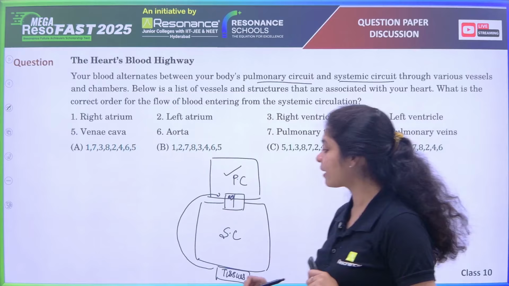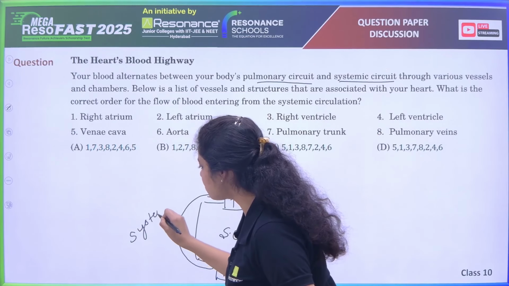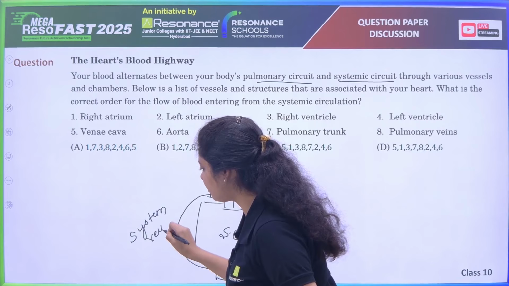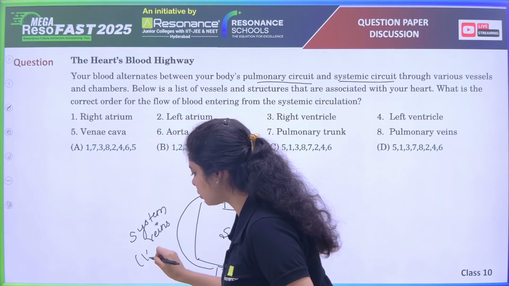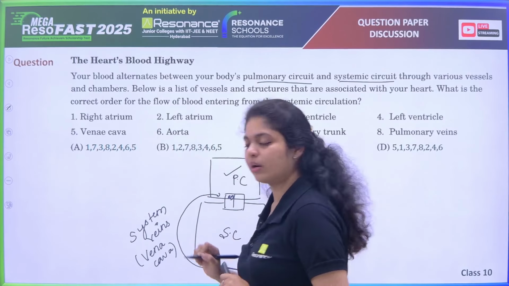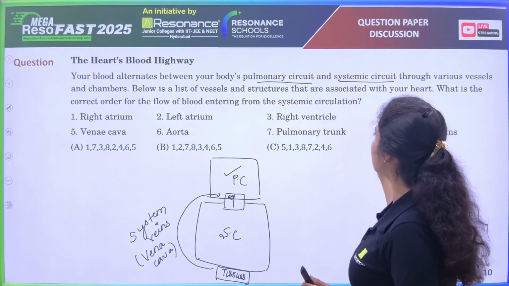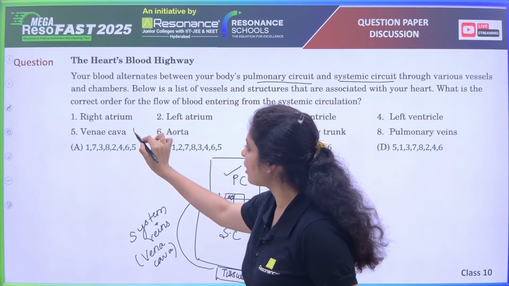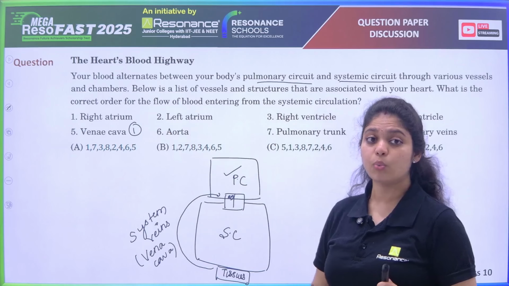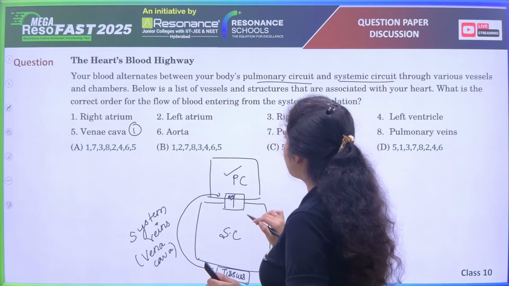So how exactly is it moving? It is moving with the help of systemic veins, which are also called vena cava. So the first one would be systemic vein or vena cava. This would be number 1. From there it is moving into the right atrium.